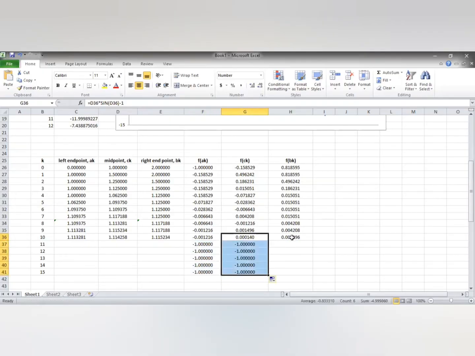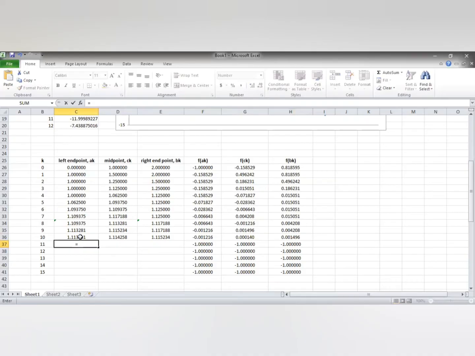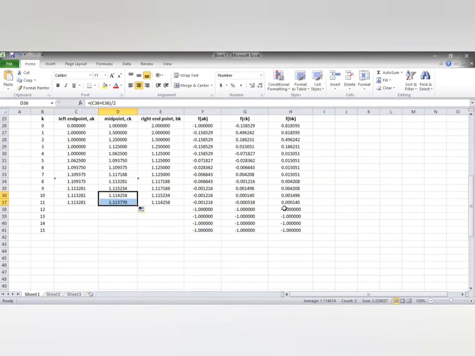Then we'll have to change the, okay. So again, we have opposite signs for F at AK and CK. So the left will be equal to A, then the value of the right end is the value of C. Okay. Once you drag this, it automatically gives the values of the function at CK.